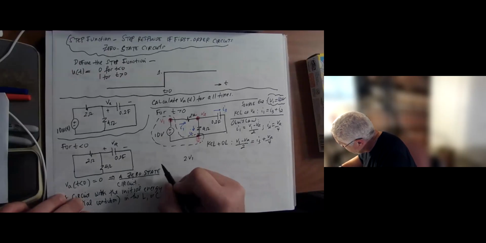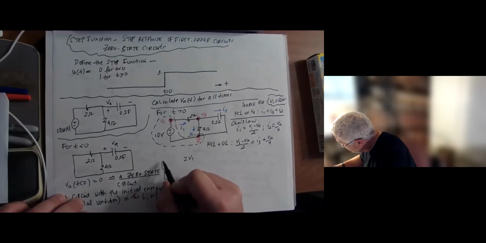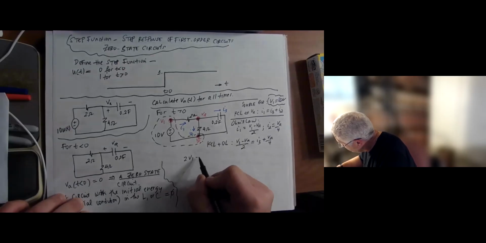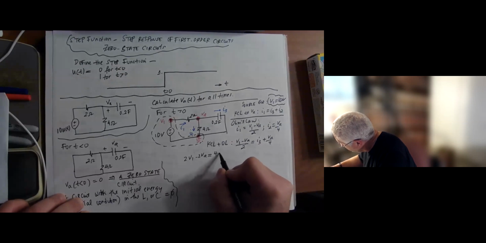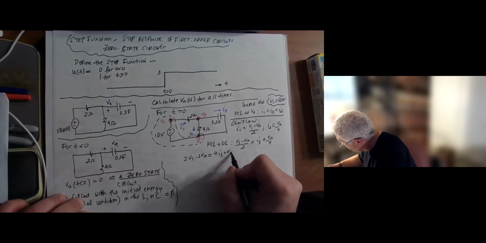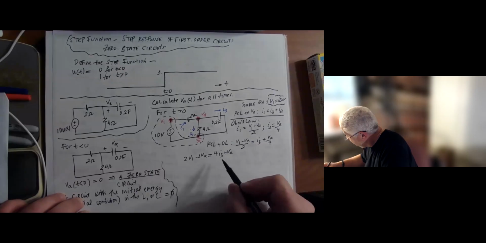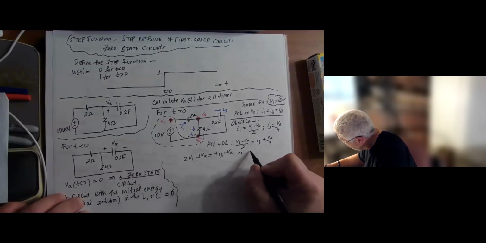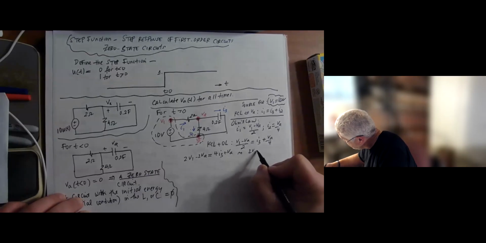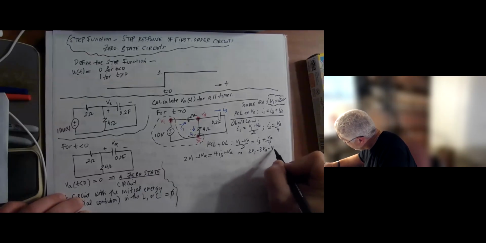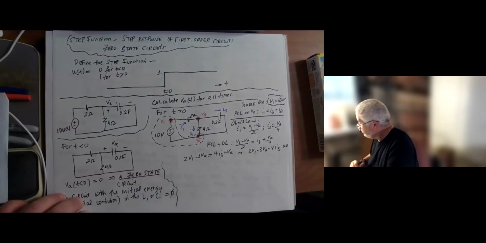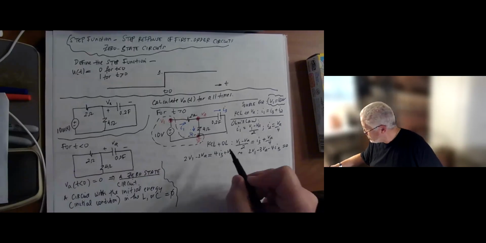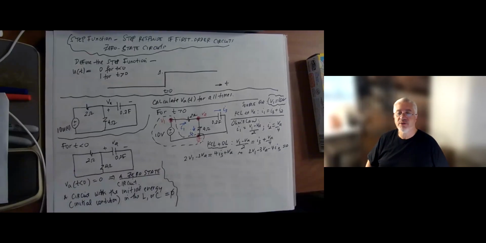We have 2V1 minus 2VA equal 4I3 plus VA. Put everything on one side. We have 2V1 minus 3VA minus 4I3 equals 0. So that's the KCL plus Ohm's law equation, just putting the Ohm's law into the KCL.